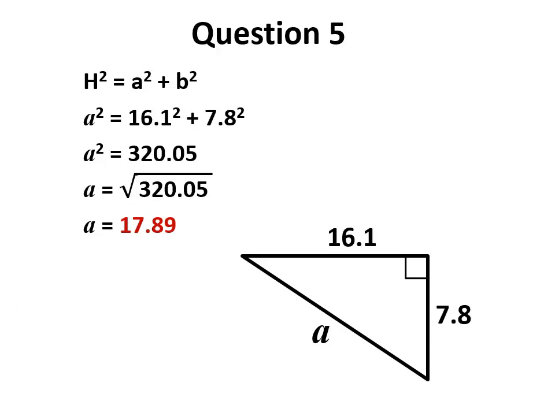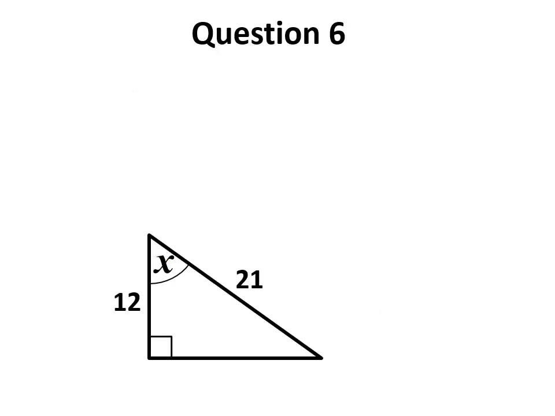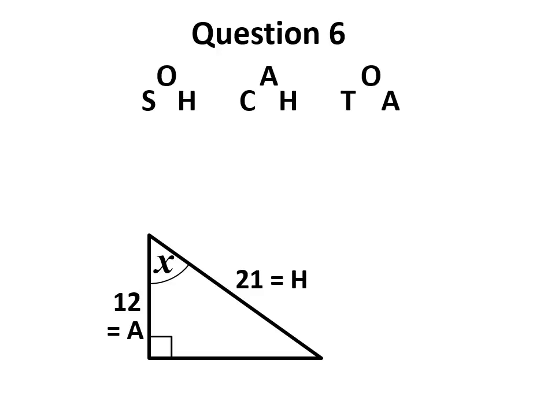Last question, question 6. We label, have hypotenuse and the adjacent, so trig, and A and H are related by cosine.